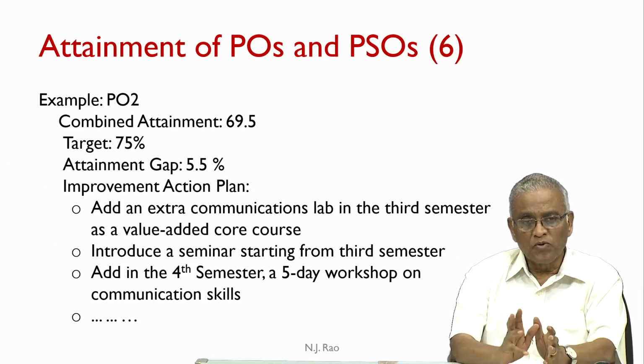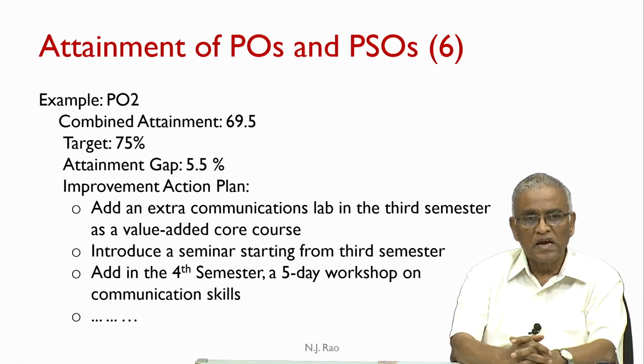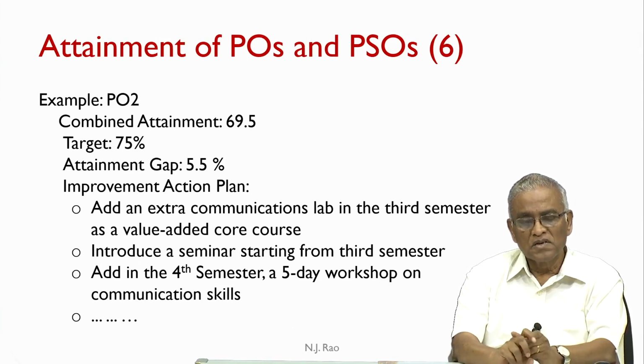So all the improvement actions do not take place through one course. It happens through several courses. So here we just give a list: add an extra communications lab in the 3rd semester as a value added core course, introduce a seminar starting from 3rd semester, add in the 4th semester a 5-day workshop on communication skills, because here PO2 is related to communication.